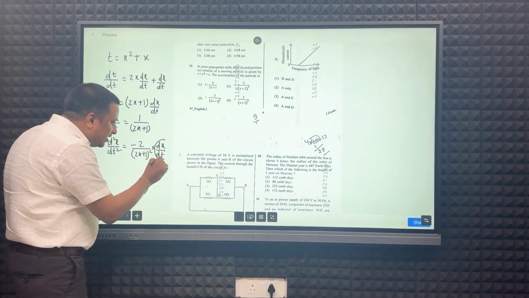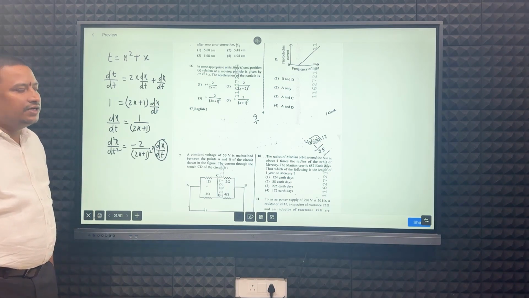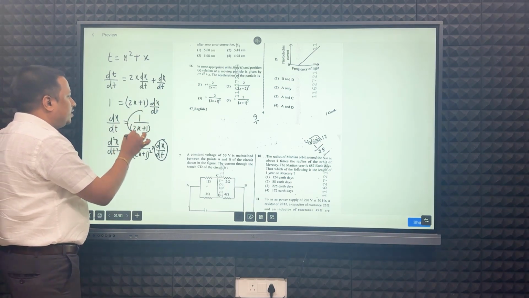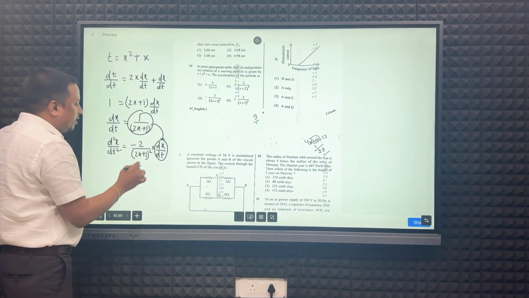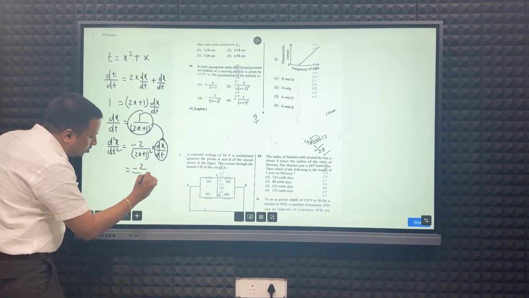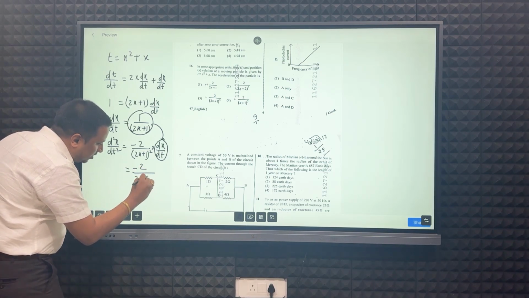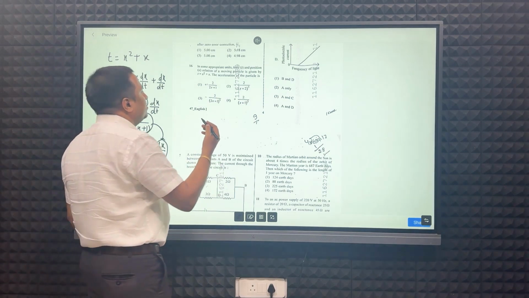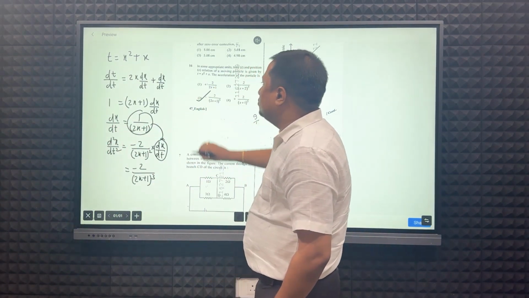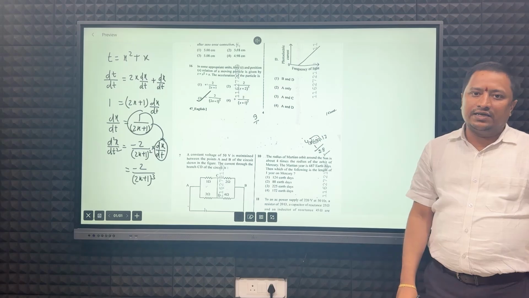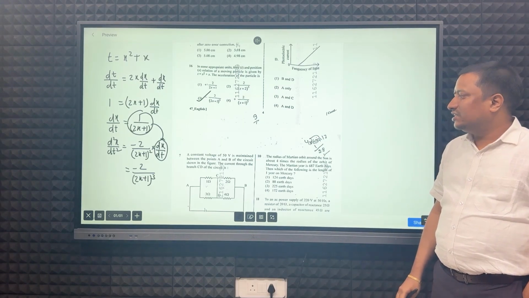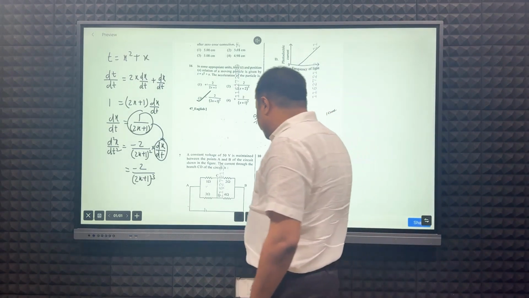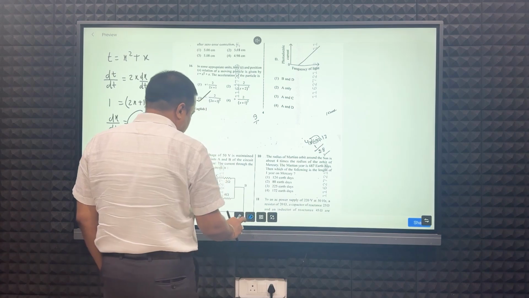Now this dx by dt has to be multiplied here. What is the dx by dt value? That is 1 by 2x plus 1. That has to be multiplied here. It will become minus of 2 by 2x plus 1 whole raised to power 3. Is there any option like that? That will be the correct one. Yes, the third option seems to be like this. That will be the correct answer. This is question number 16. Let us proceed further.